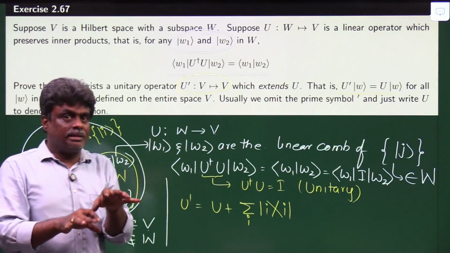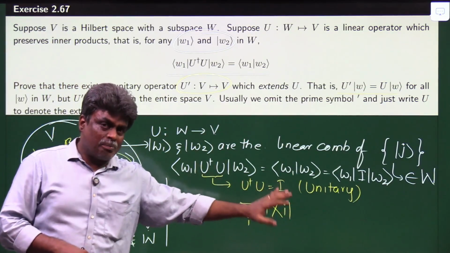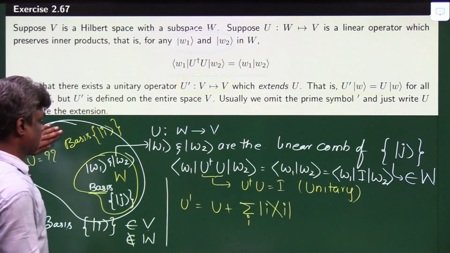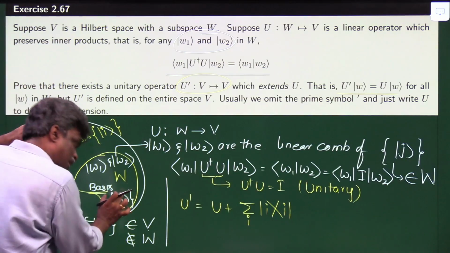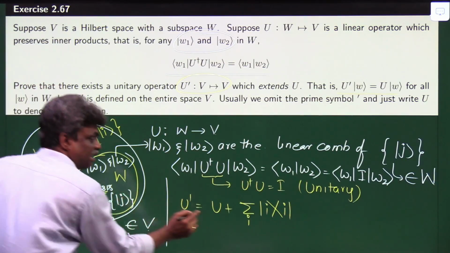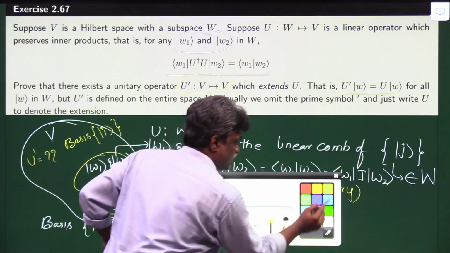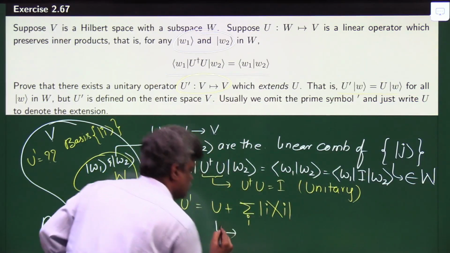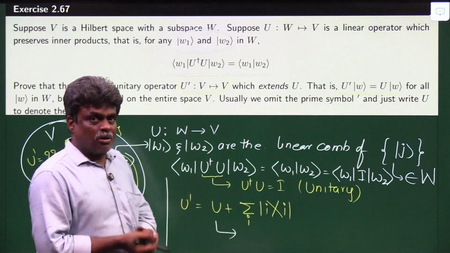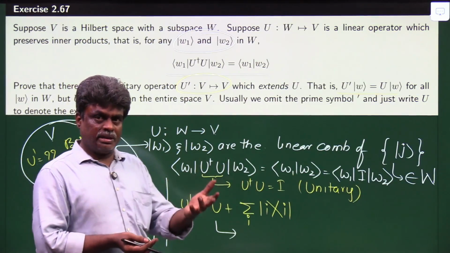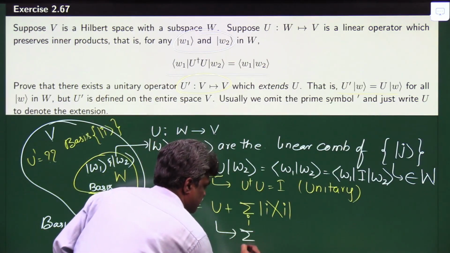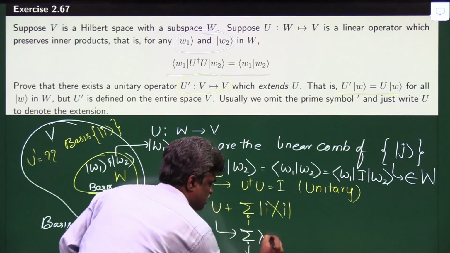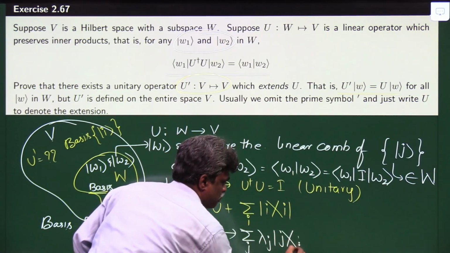That means I have taken the outer product of the basis which belongs to V only. So why have you not considered this basis? I have already considered these bases. Where? Here. If you have a doubt, let me write what this U is. U is nothing but a unitary operator. We can say eigenvalues lambda. Then we can write it as summation over j of lambda j and outer product j.